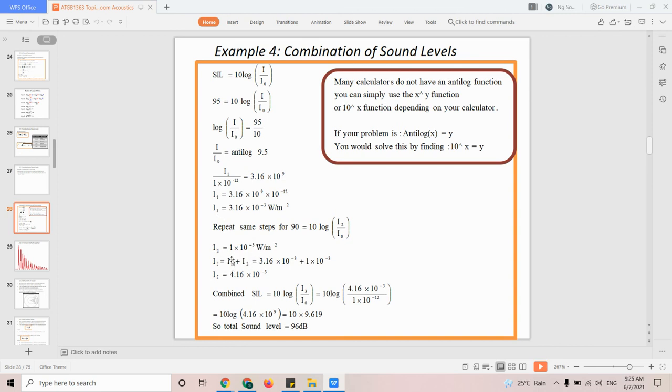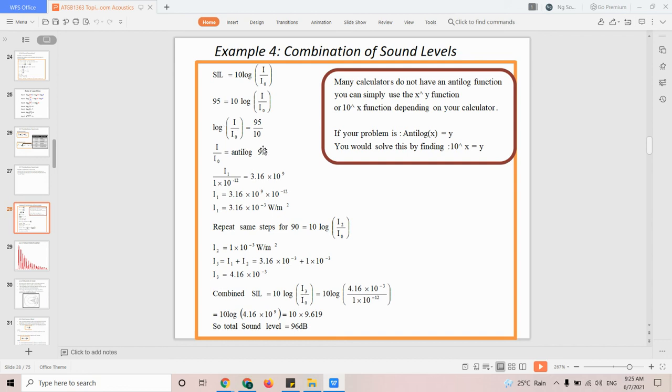And then from there, you can add the intensity or the sound together, and you get I3. And then from there, you have to put it back into the formula, and you have to work backwards to get what is the sound level for this combined, for this question, for this sound. So when these two sound intensities are combined together, you'll be able to get the sound level in decibel back.